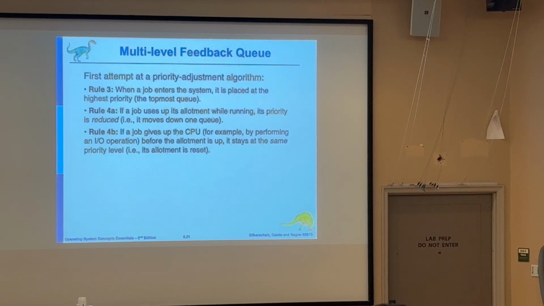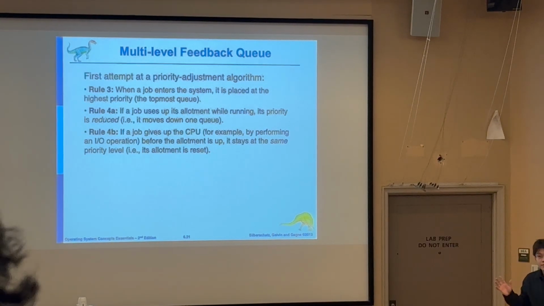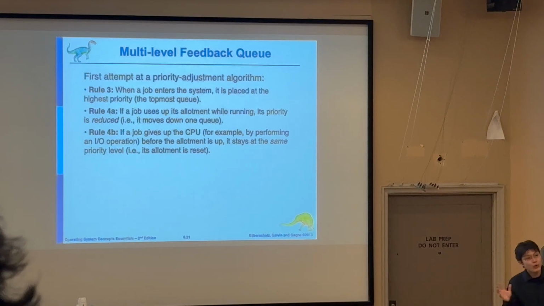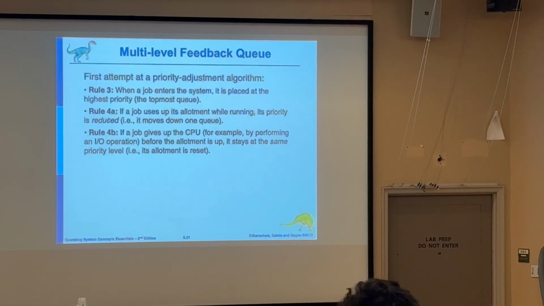Okay? So if a process gives up its CPU voluntarily, we do not penalize it, we do not punish it. But if it uses up its CPU, the past 2 seconds, the time slice, using the CPU all the time until it gets preempted, that's when we reduce the priority of this process.